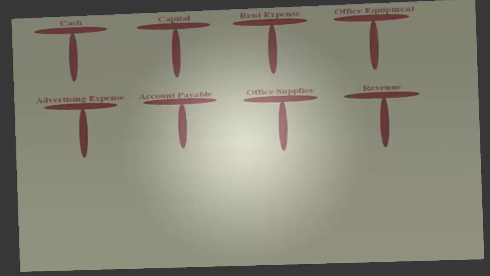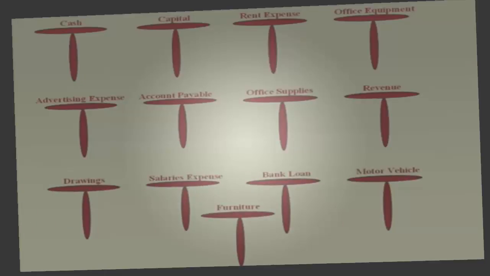Open T accounts for advertising expense, accounts payable, office supplies, and revenue. Then, open T accounts for drawings, salaries expense, bank loan, motor vehicle, and furniture.